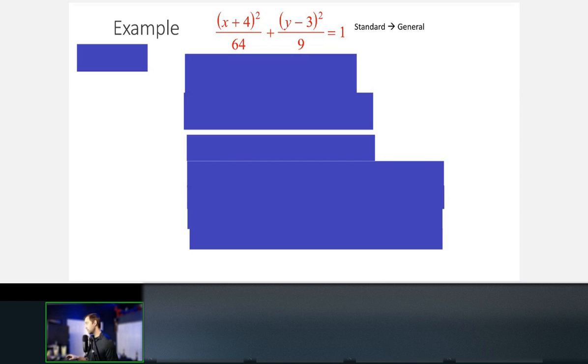Or, going along with what she says, we can find our lowest common multiple. What is the lowest common multiple of 64 and 9? 576. And how did you get that? Okay, so you got 576 by multiplying 64 times 9.